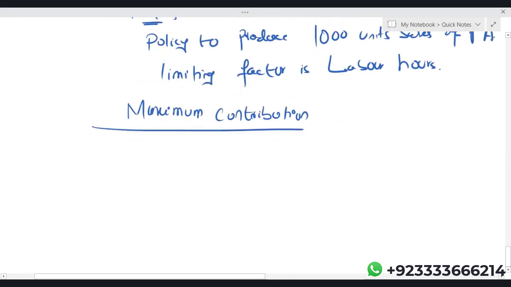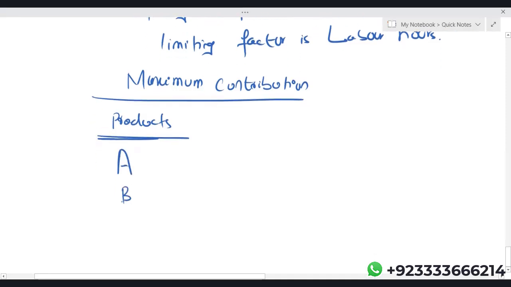Maximum contribution: products A, B, C. We'll be just manufacturing 1,000 units of A. Contribution per unit is 6.